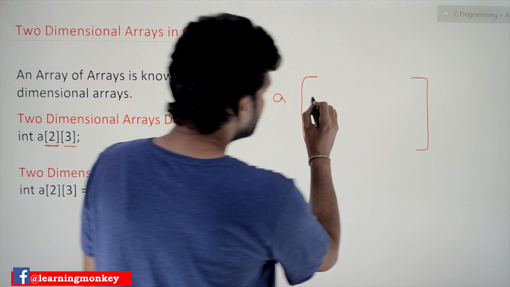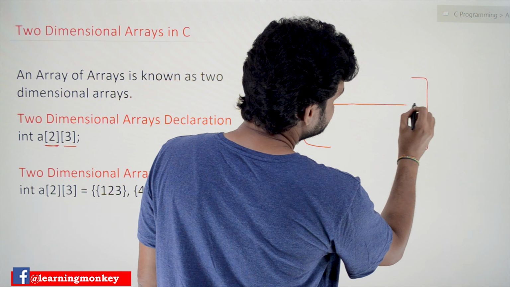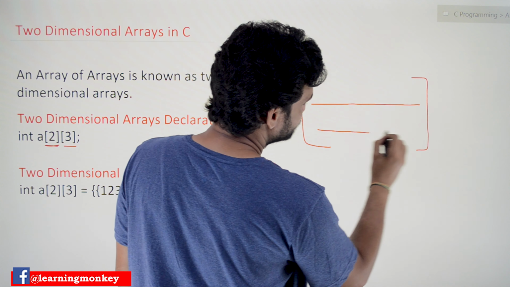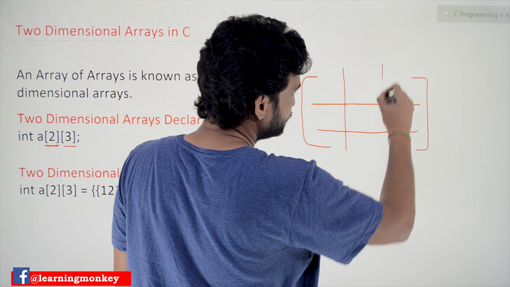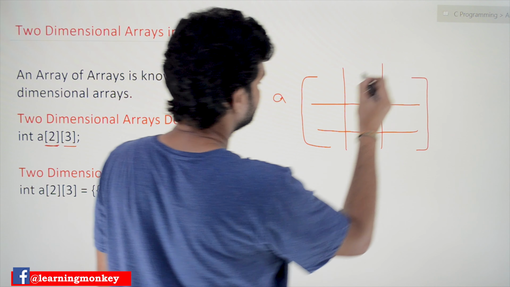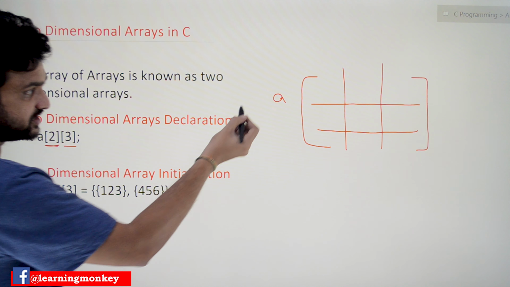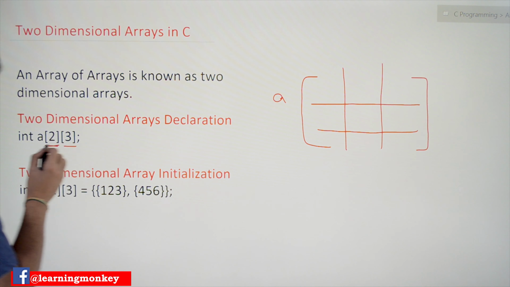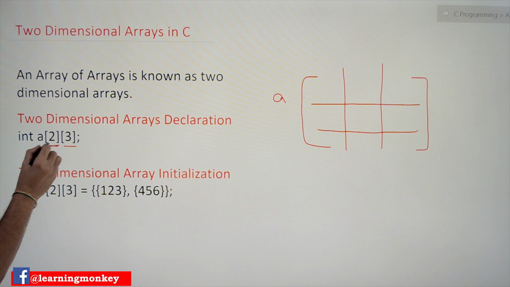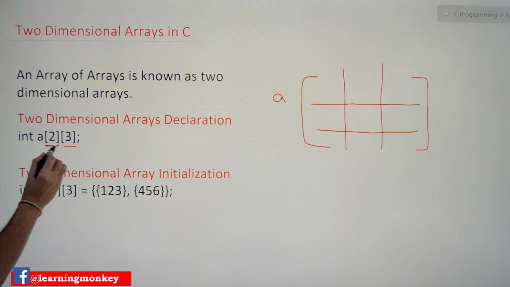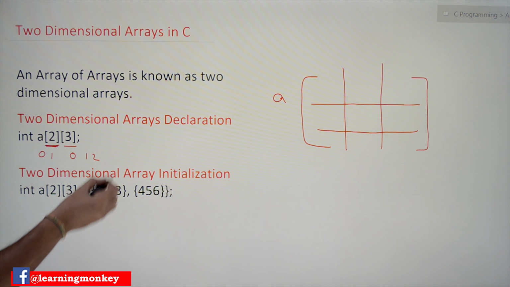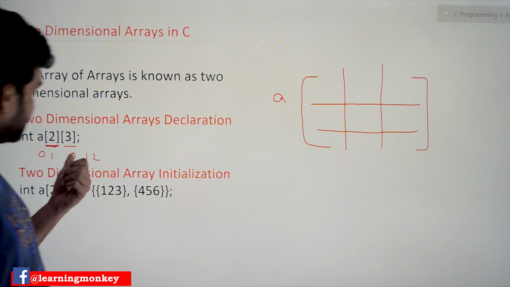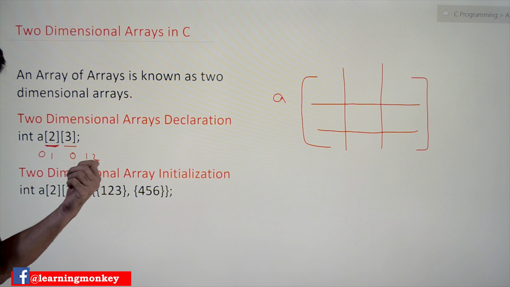So we have two rows and three columns. The indexes possible for the rows are 0 and 1, and as we have three columns, the indexes are 0, 1, 2.